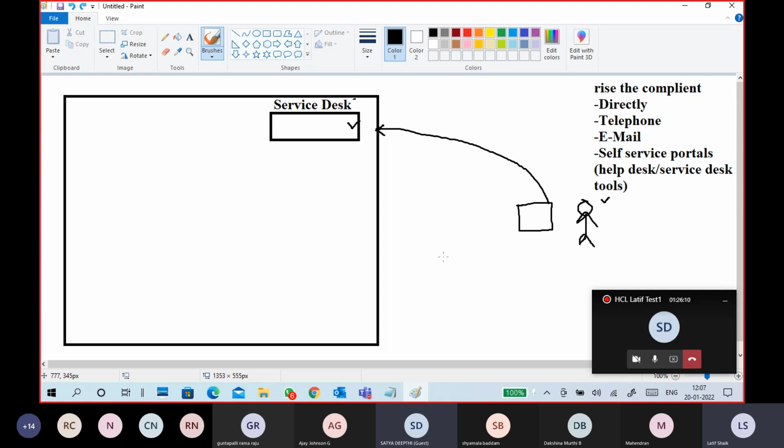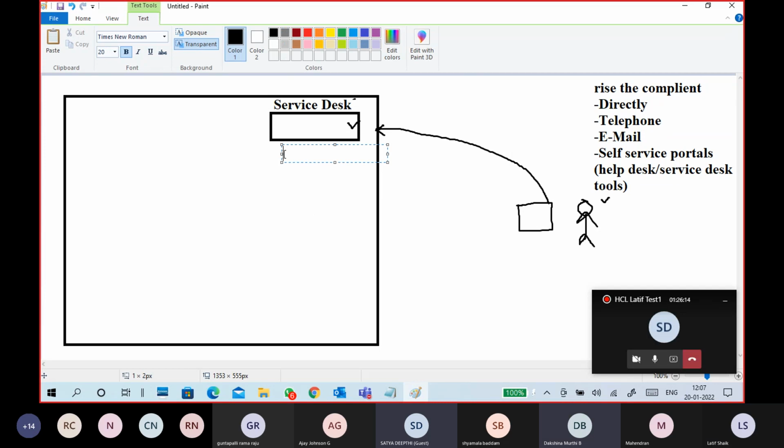So they will give initial support and tell some troubleshooting questions, basic things. Interact with the customer; that's the primary duty. Initial support.